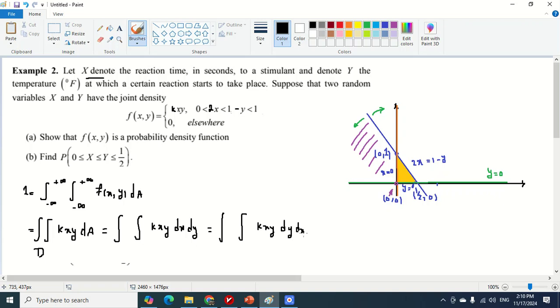For the first case, if the order is dx dy, then you should sketch a horizontal line to determine the integral. For the case that we have dy dx, where the order starts with y, you should sketch a vertical line to determine the region.